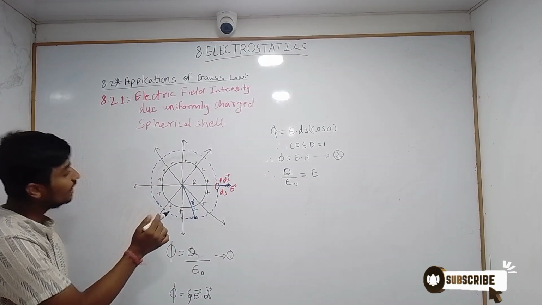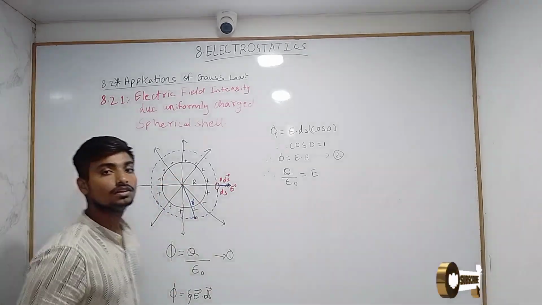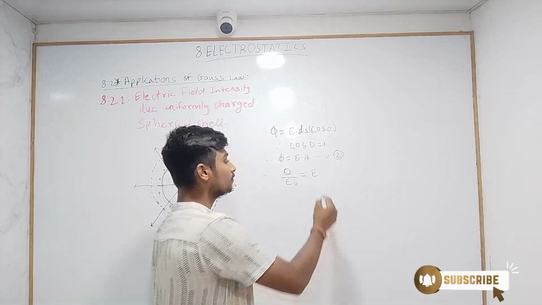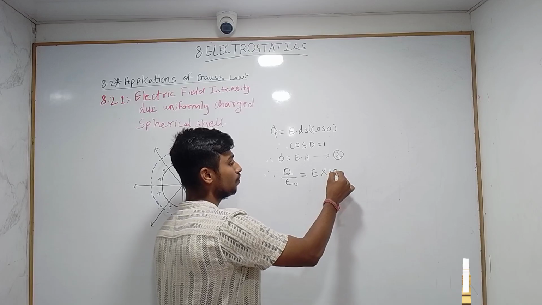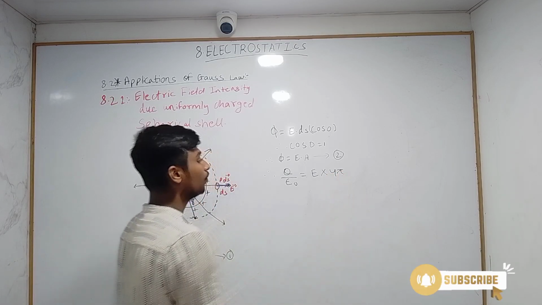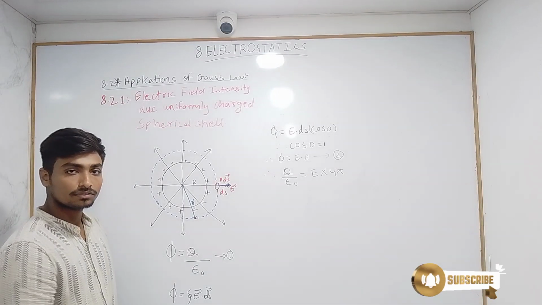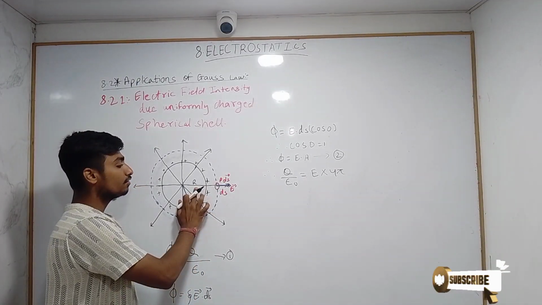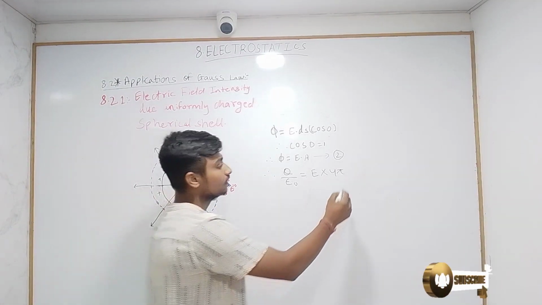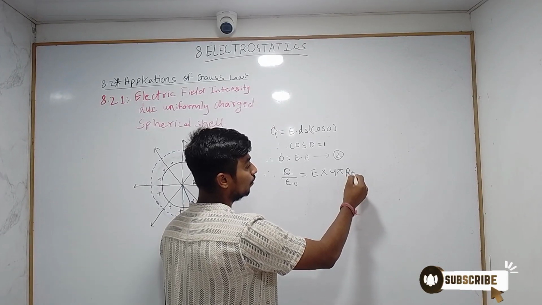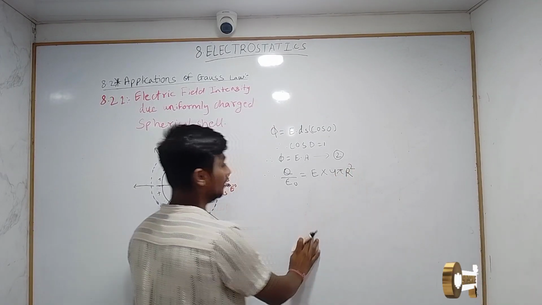So what is the area of this sphere? So area of sphere is generally 4 pi. And what is the radius of this sphere? Is it small r or capital R? Right, it is capital R. So we will be taking here 4 pi R square.